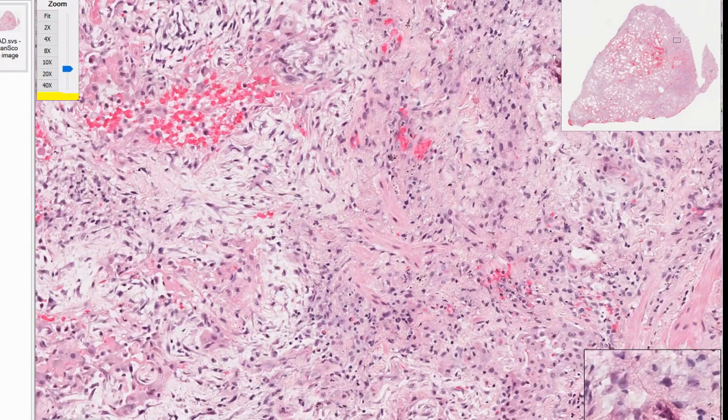And some might look at this and say, well, this looks like pulmonary fibrosis. But in fact, this is a loose areolar type fibroblastic proliferation. And throughout this, we see the presence of large epithelial cells mixed into the process.